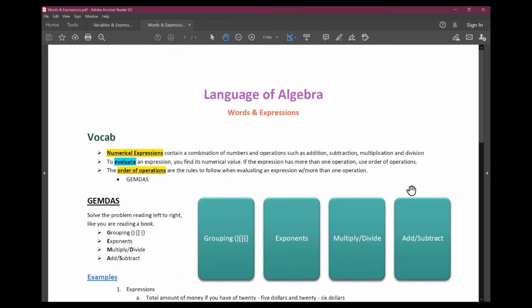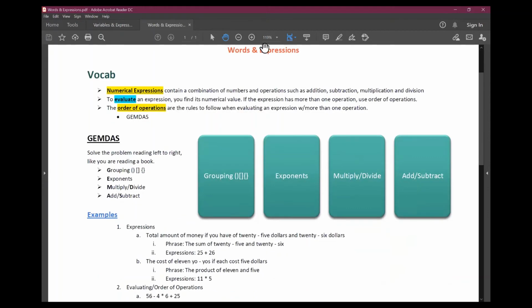Now it is grouping, exponents, multiply and divide, and add and subtract. So that's what we learned on Monday.